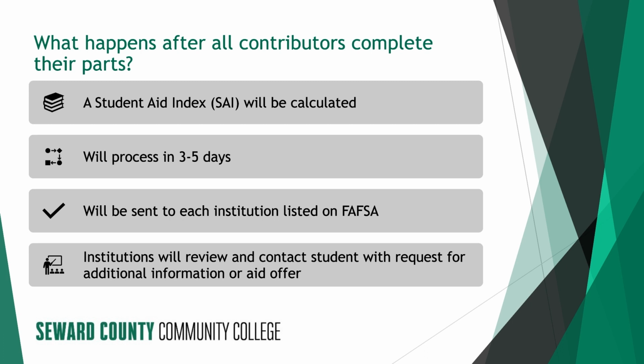Institutions will review your FAFSA when they receive it and be in touch with you. Schools will either send you an aid offer or request more information. If you feel like it has been several weeks since completing your FAFSA and you have not received a response, please contact the financial aid office at the institution.